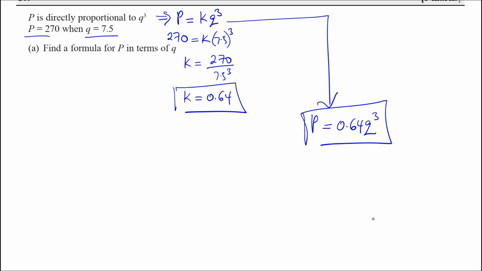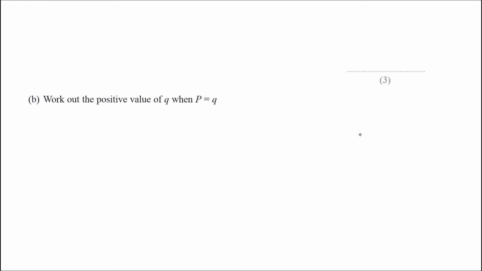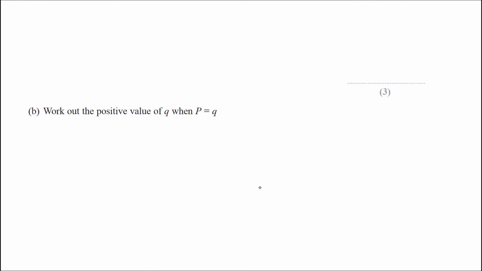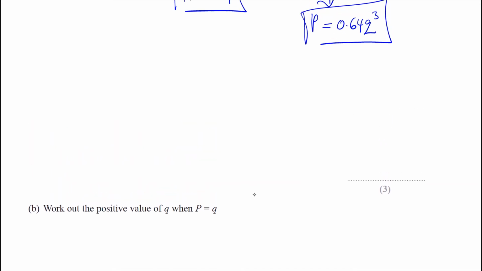Okay. And then the next part of this question: work out the positive value of Q when P is equal to Q. First of all, the equation that we plan to use here is P is equal to 0.64 Q cubed.